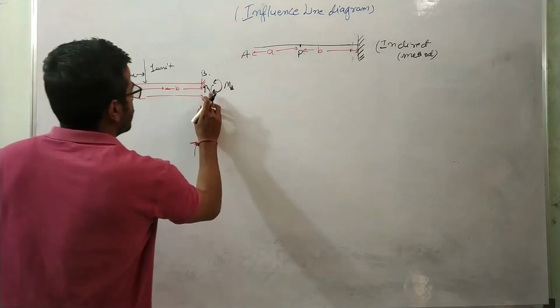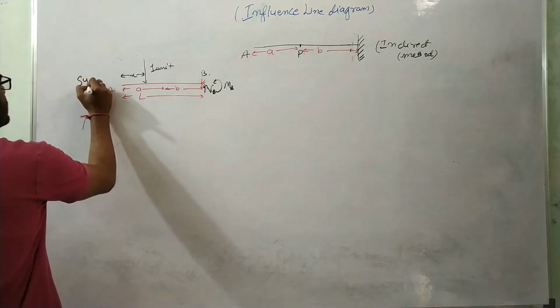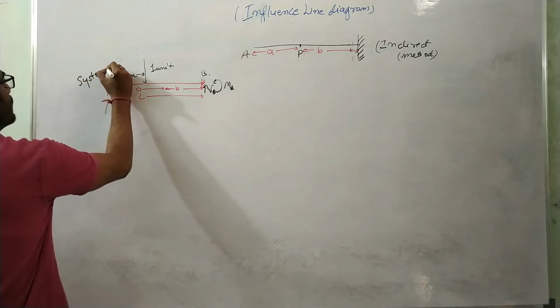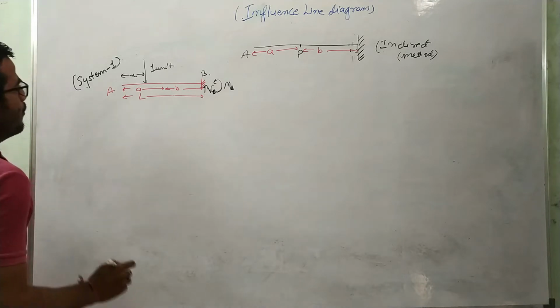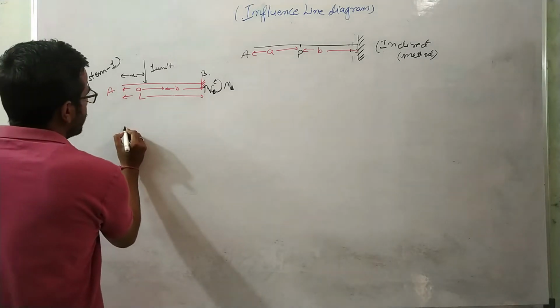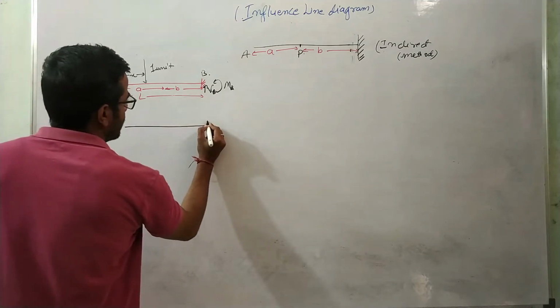So now let us suppose this is our first system, and in our second system, we will simply release this VB reaction. This is our original beam.